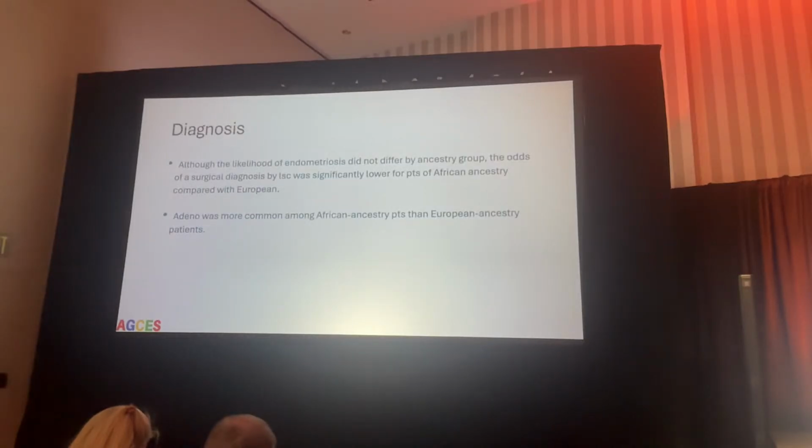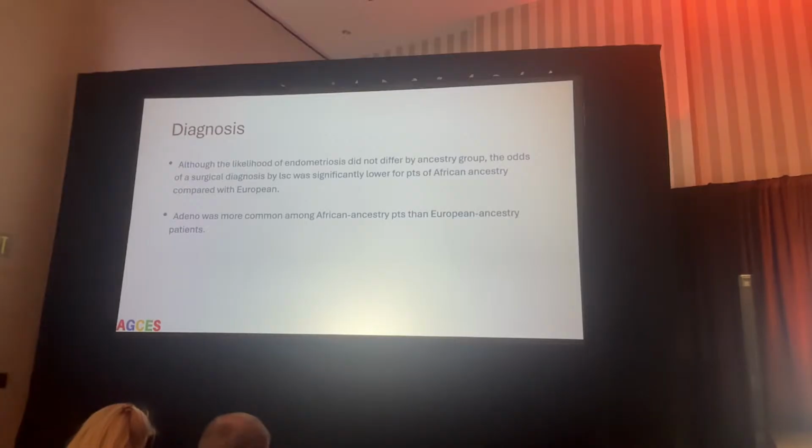So first of all, about diagnosis, this is a study by Humphreys et al. We know that although the likelihood of endometriosis did not differ by ancestry groups, the odds of a surgical diagnosis by laparoscopy was significantly lower for patients of African ancestry in comparison to European patients. That means these are patients who are less likely to go in for that diagnostic laparoscopy to evaluate chronic pain or what other symptoms might be associated with it.